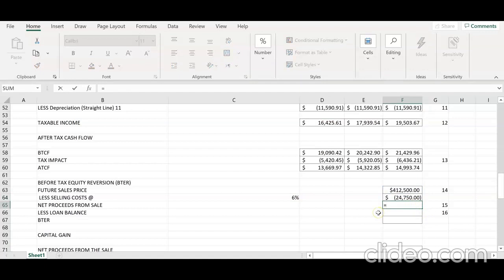The net proceeds from the sale is going to be the first sale plus the second one.